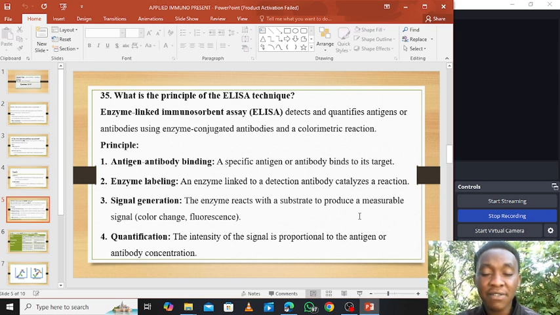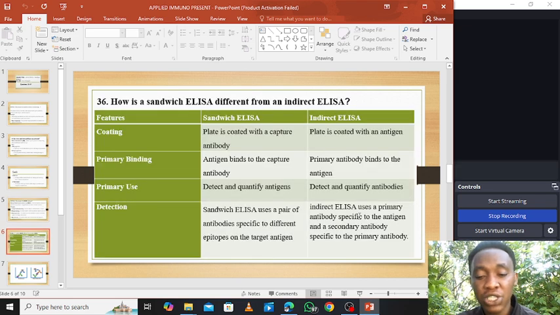After this signal is produced, it is quantified, where the intensity of the signal is proportional to the antigen or antibody concentration. Let's move on to the next question, which says: how is sandwich ELISA different from indirect ELISA?